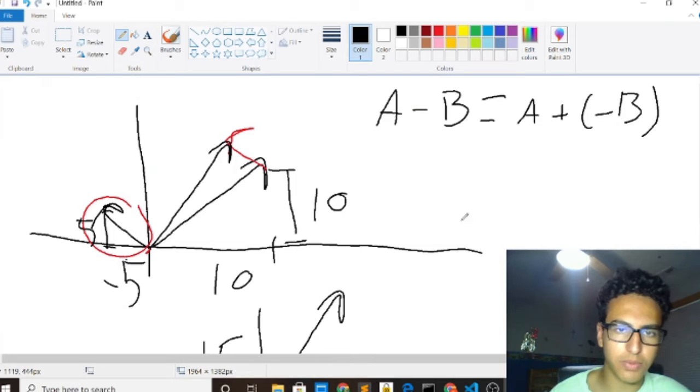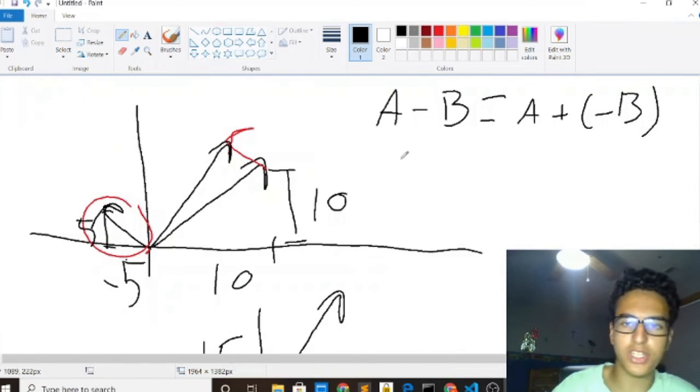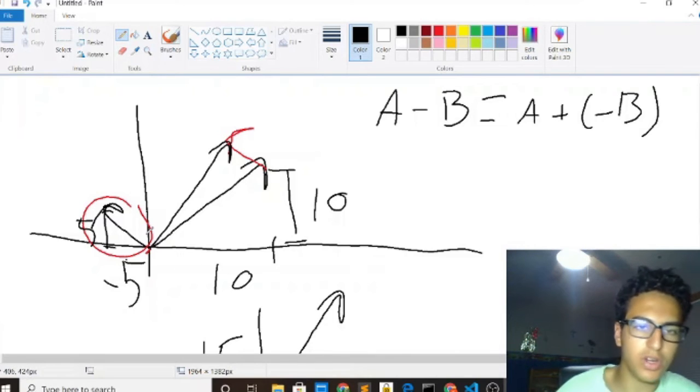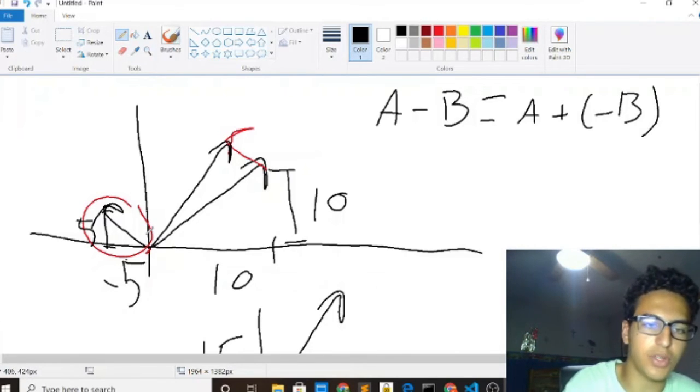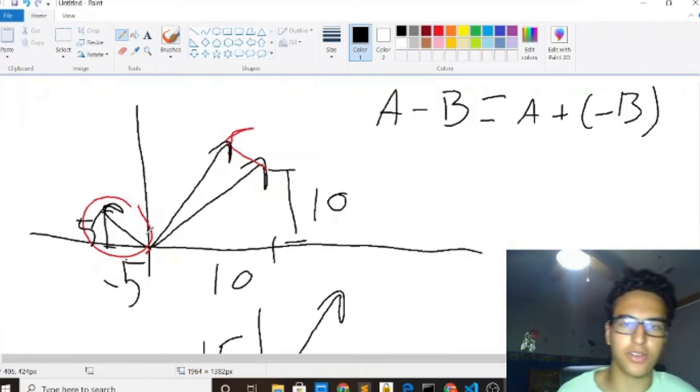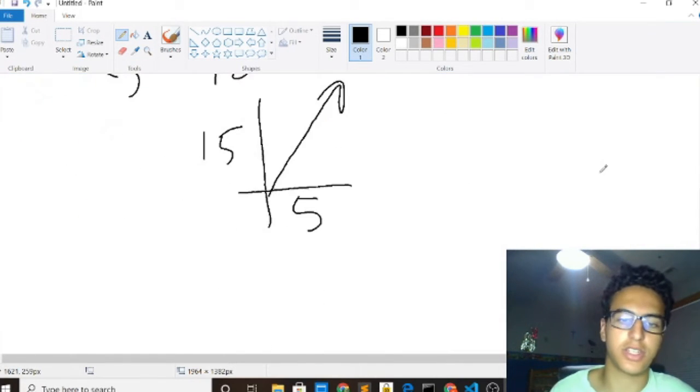Alright, and what happens when we do a negative in terms of vectors? Well, we just make all its components negative, and what that has the effect of doing is flipping the entire vector over in the opposite direction.